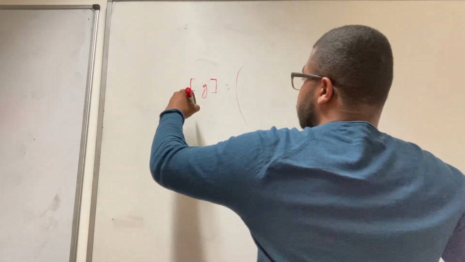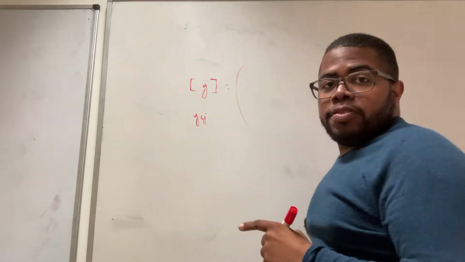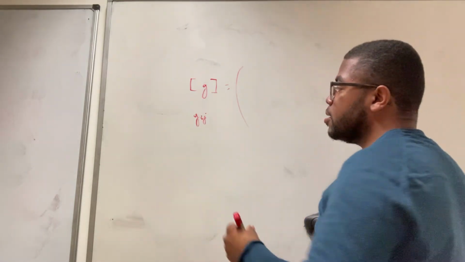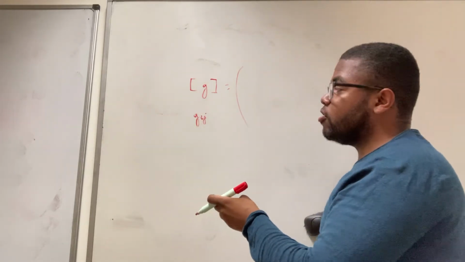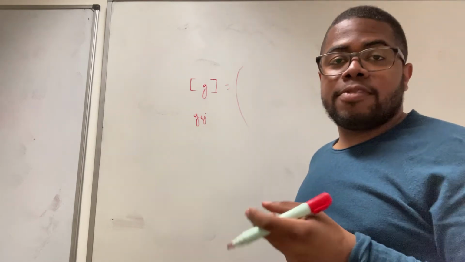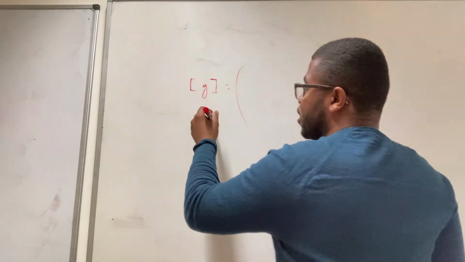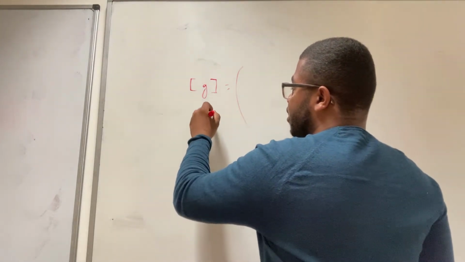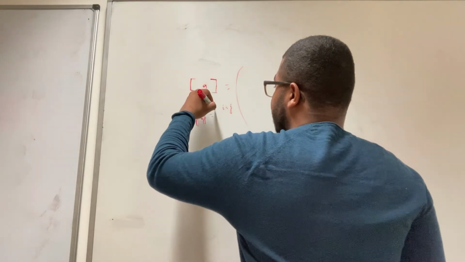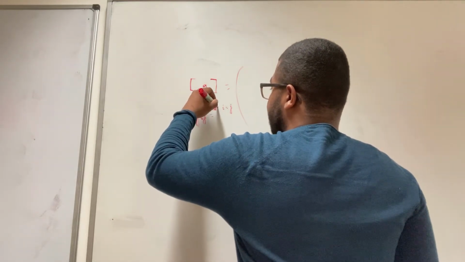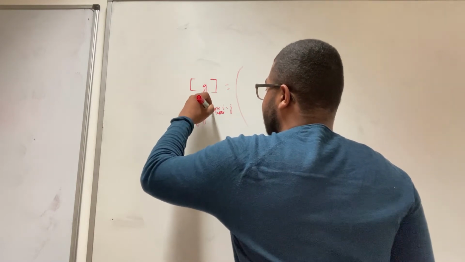We said that we have gij. If these are orthogonal, then the only way in which I can have a non-zero value for this gij is in a very similar fashion to the Kronecker delta. The only way we can have a non-zero value is by having i equal j. So if i equals j, then you have a non-zero value.